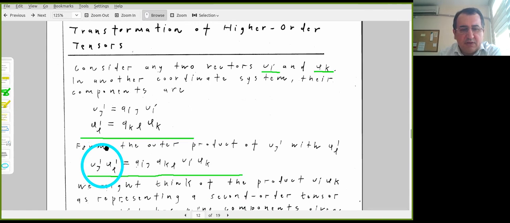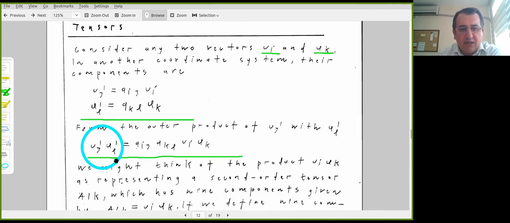You can think of it, for example, as B jl. This is equivalent to aij akl times ui vk. Thus, this is A ik. And these are the elements of the tensor in the original coordinate system.